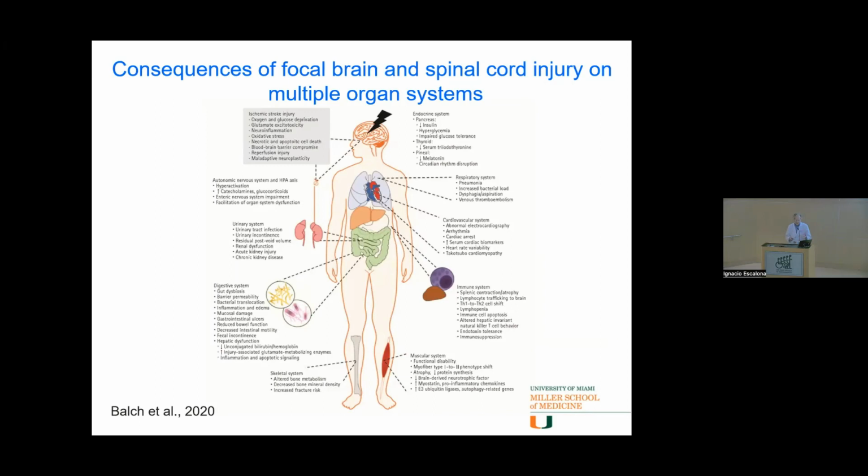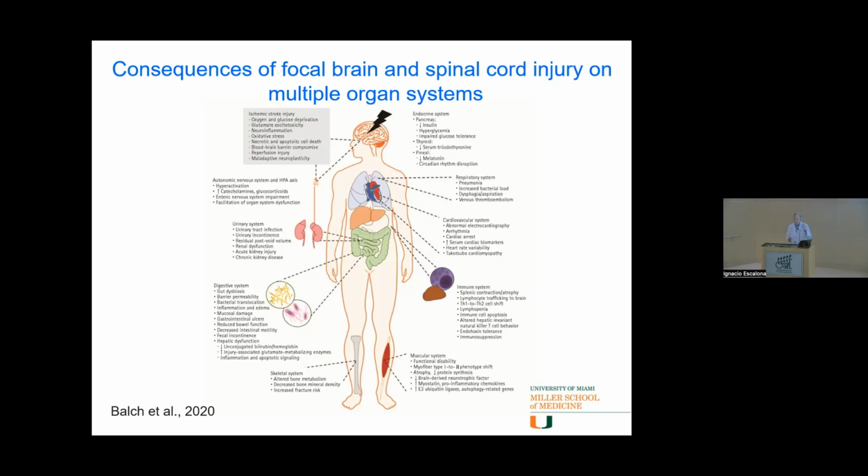And our overall hypothesis is after injury, there are these extracellular vesicles or exosomes that are released from the injured brain tissue or spinal cord tissue, and they get into circulation and circulate all through the body, and they're taken up by different organ systems.